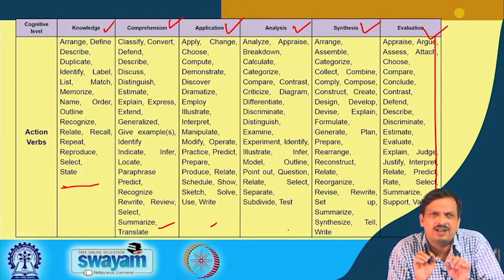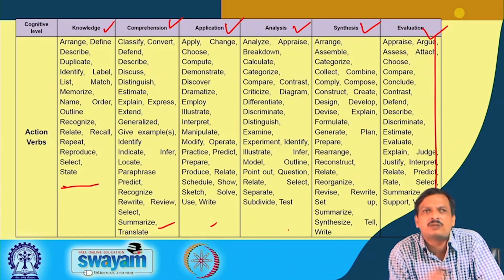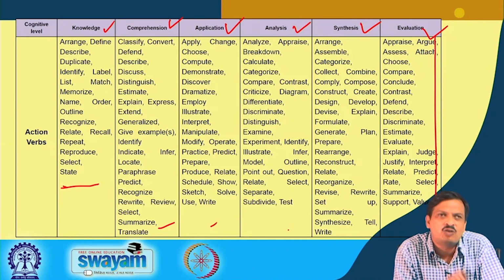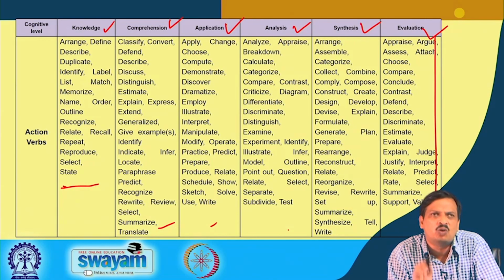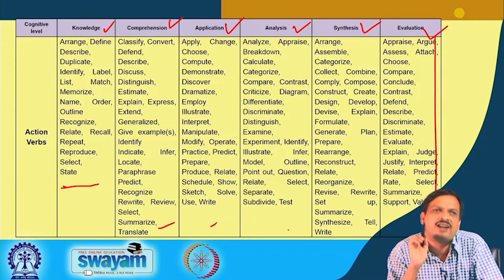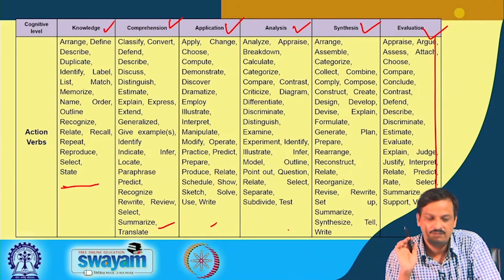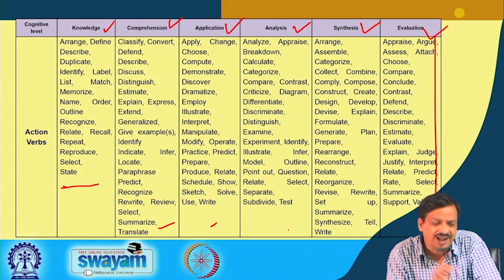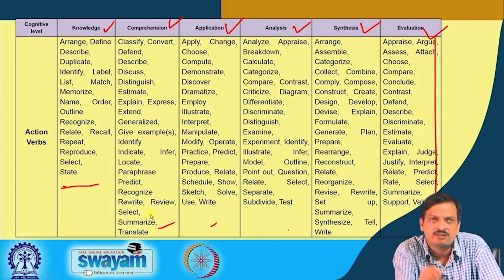But most of the action verbs are not like that. Only a few action verbs relate to multiple cognitive levels. Unless we know the condition component and criteria component, we cannot identify the cognitive level of that instructional objective or outcome. Okay?